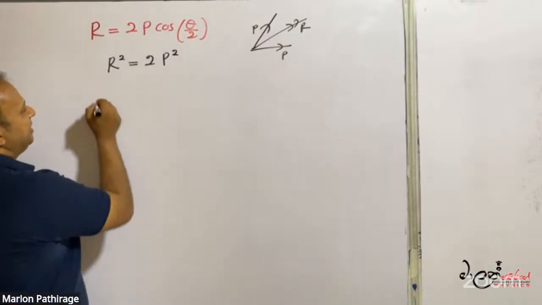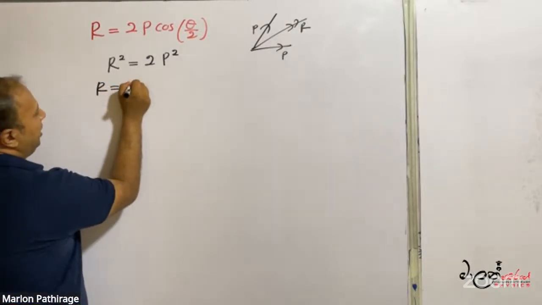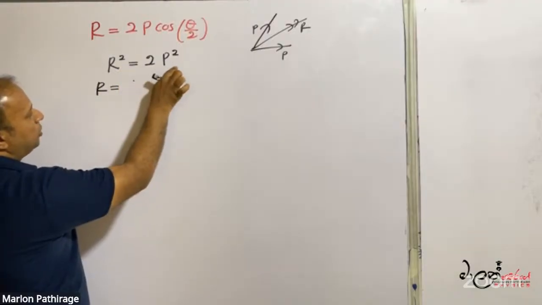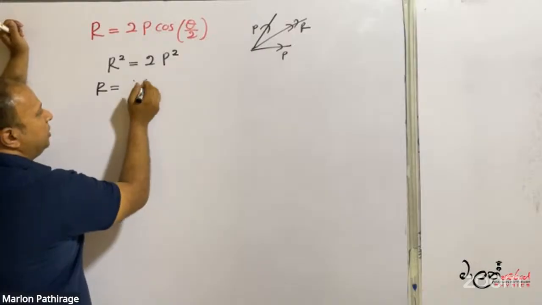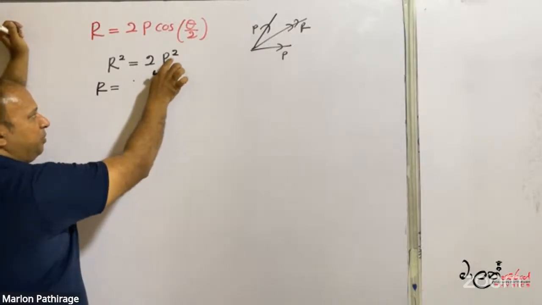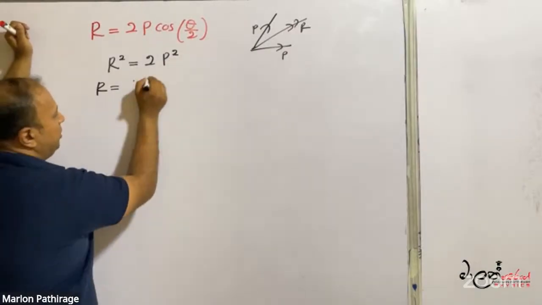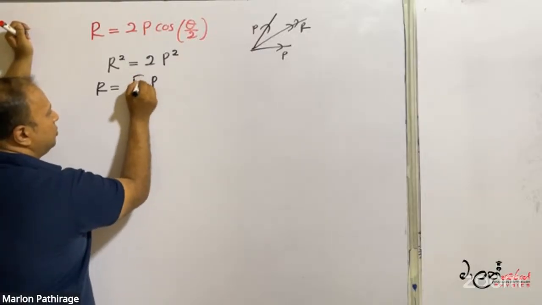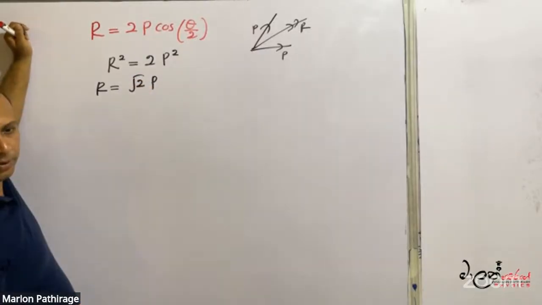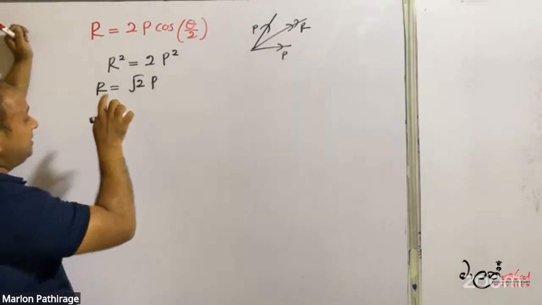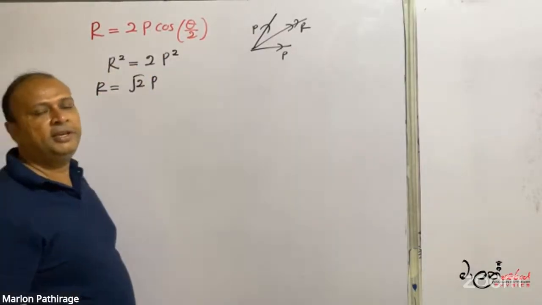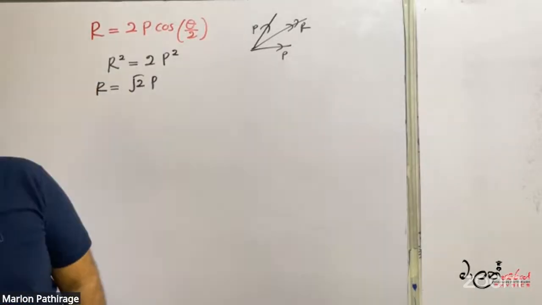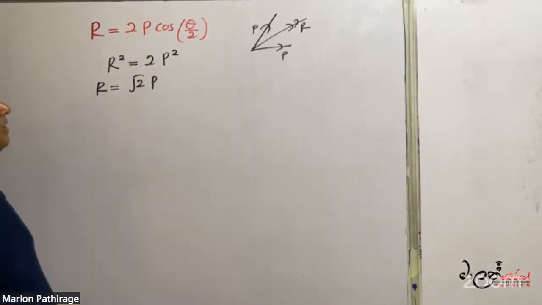That means R should be equal to the square root of this. If you take the square root, the square root of P squared means P, and the square root of 2 means root 2. That means R is equal to root 2 P.